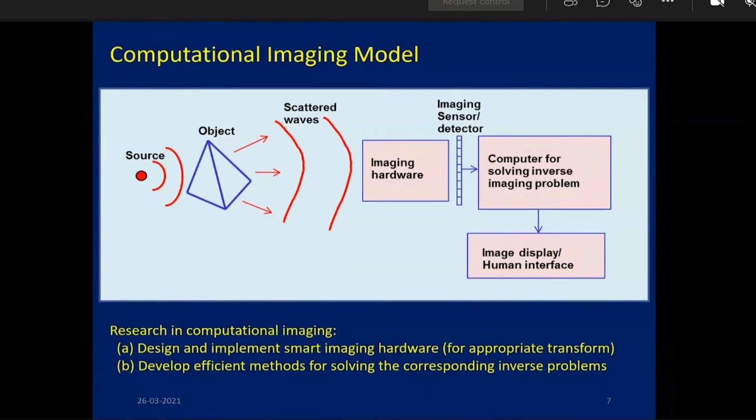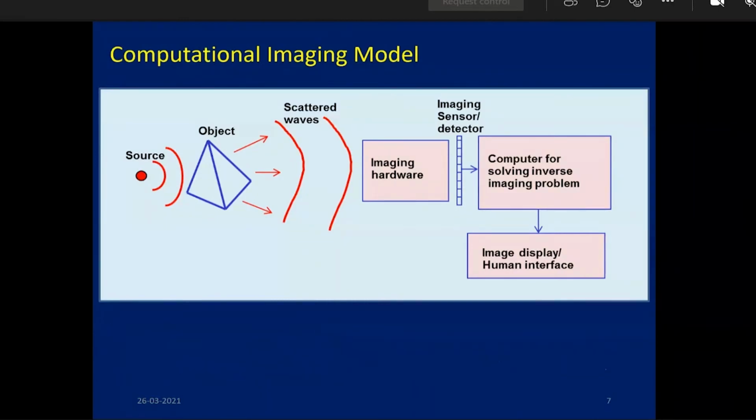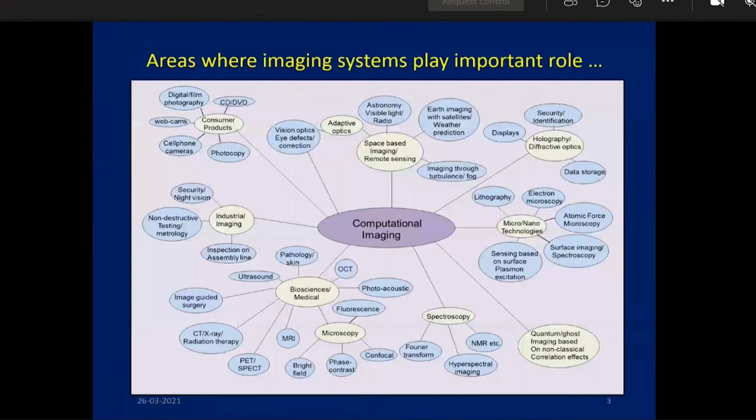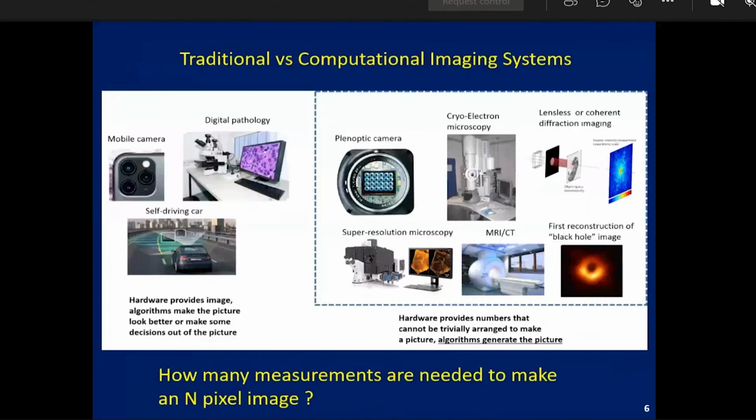Now why are we going in this direction? Meaning, why not directly think about a lens that forms an image? The point is, I showed you all these applications where imaging is important, and all these new systems that are coming up. But if you ask any person working in these areas or using these instruments what they would like 10 years from now, the answers are generally very similar.